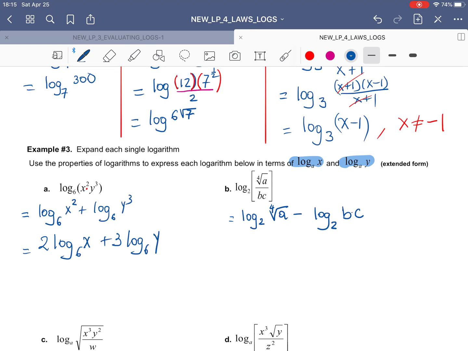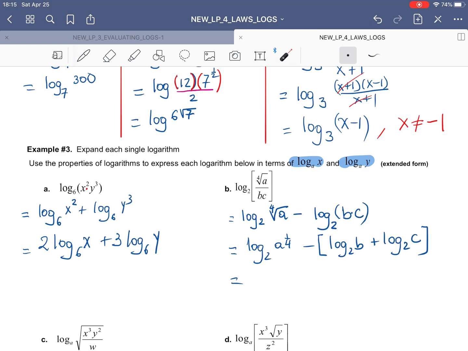Okay, now this is a product right here. So that would equal log with base 2 of a to the power 1/4 minus, now remember you have a product here, you need brackets. So that's log with base 2 of b plus log with base 2 of c.